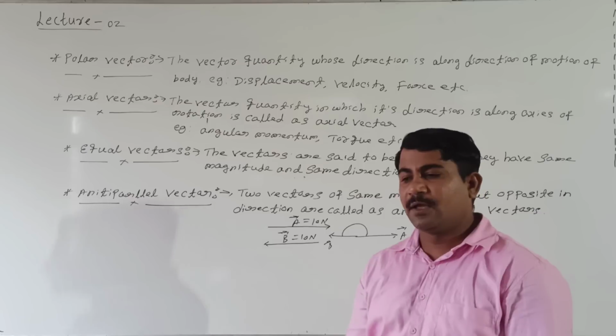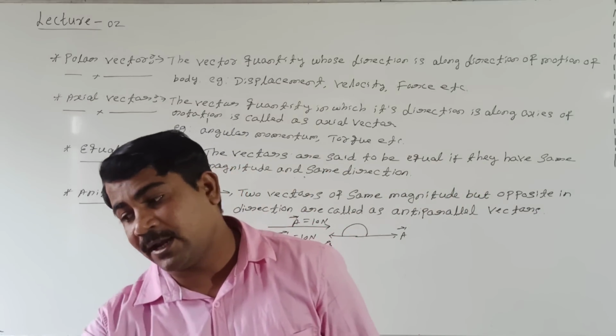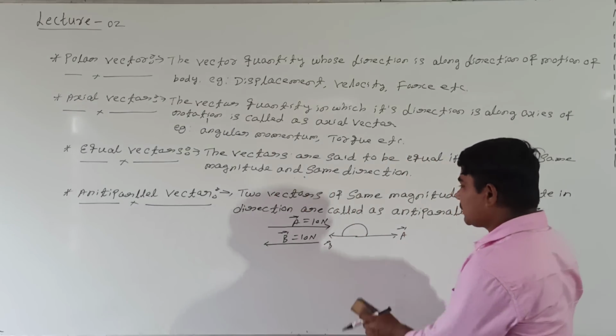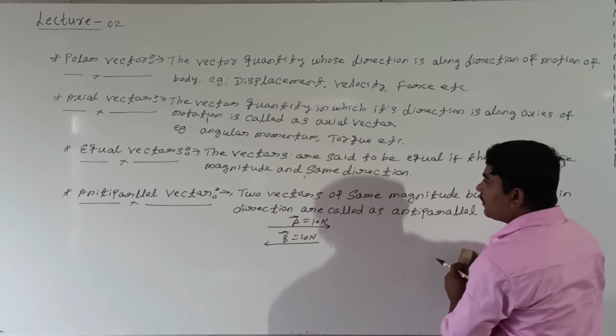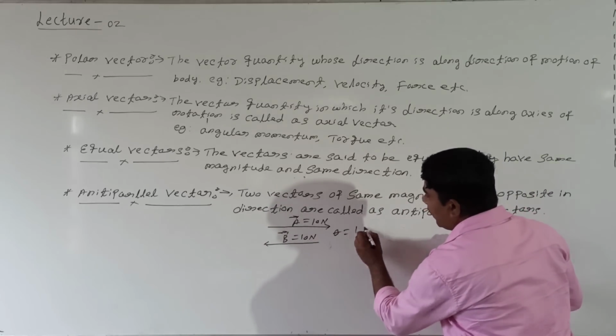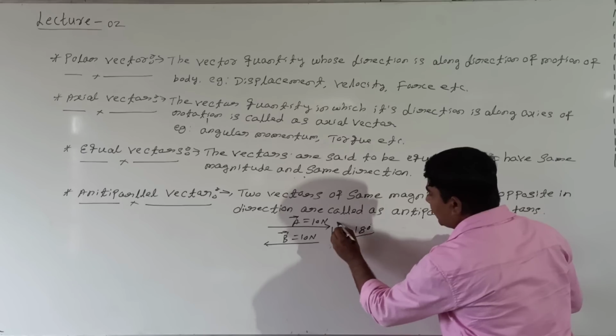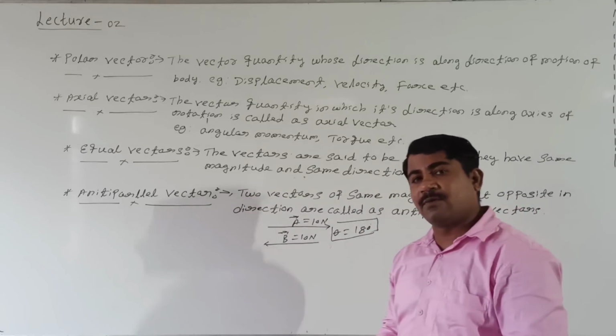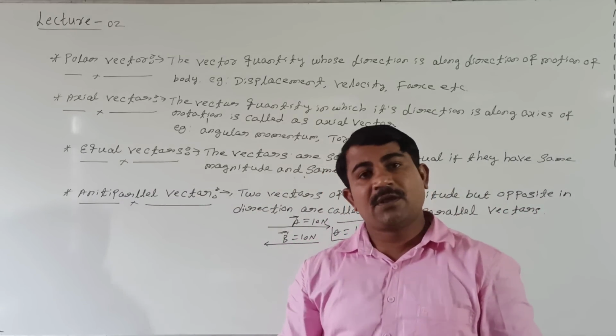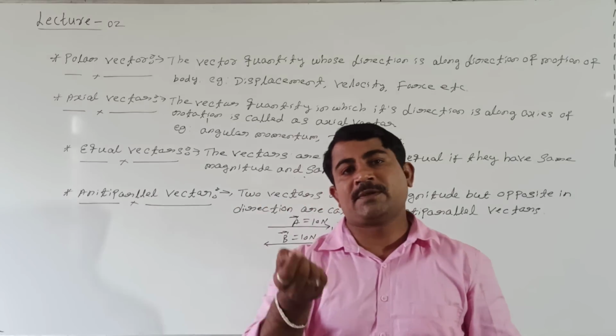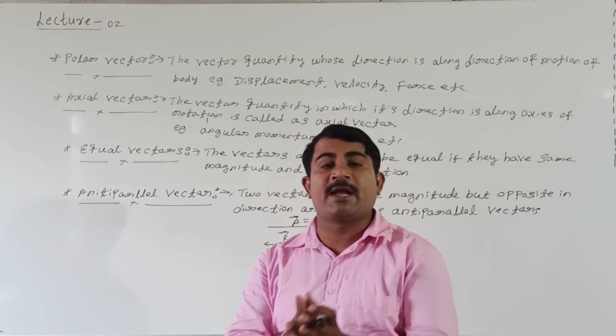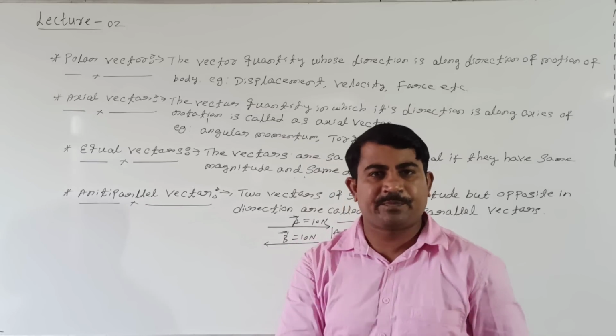The angle between two anti-parallel vectors must be 180 degrees. But for parallel vectors or equal vectors, the angle between them is 0 degree. For anti-parallel vectors, the angle between them is 180 degrees. Right?